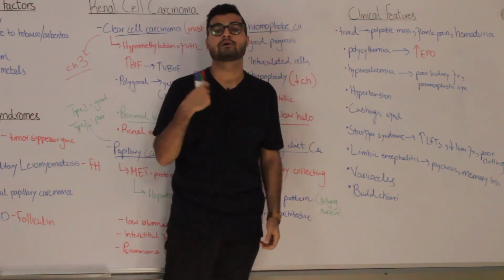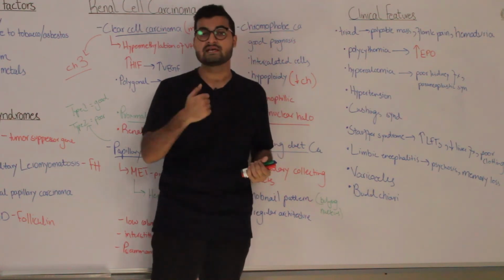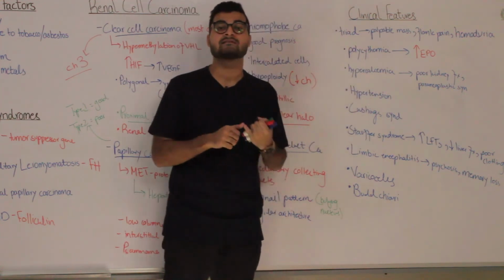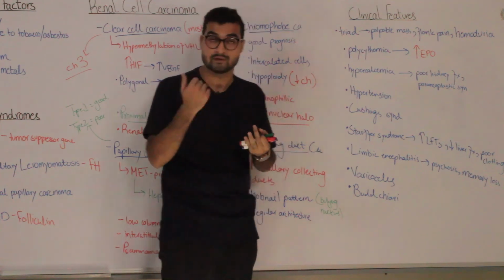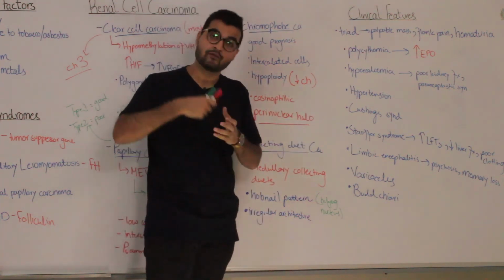Apart from that, you can also order MRIs. Those MRIs are going to be to see if there is any metastasis in the body. Renal cell carcinomas can metastasize to your lungs, and they can metastasize to your brain as well. And they tend to metastasize before any symptoms.